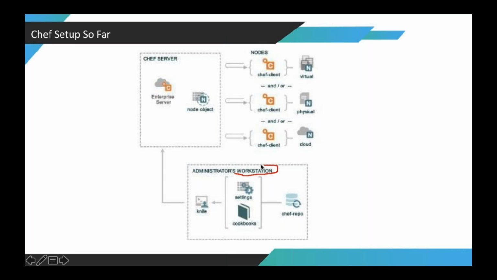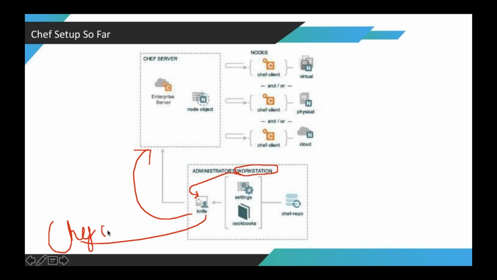So here is a workstation, and this is the administrator's workstation. The administrator will have knife installed. This knife helps you to communicate with the Chef server and vice versa. So knife should be installed, and that will be installed using ChefDK. ChefDK is your development kit. Then you are going to run Git as well inside here, so that everything is versioned.